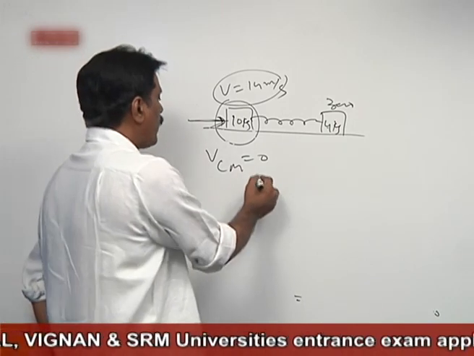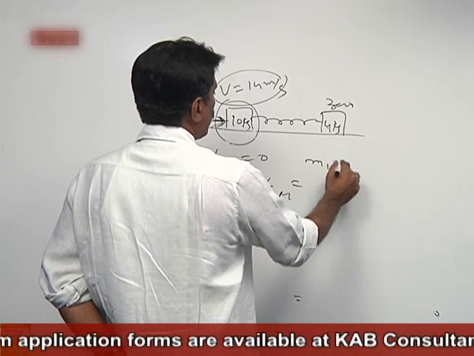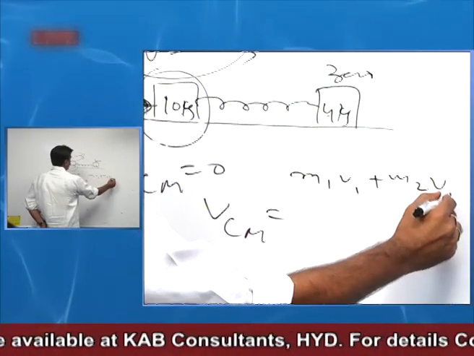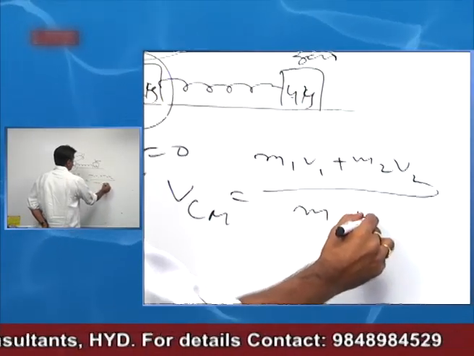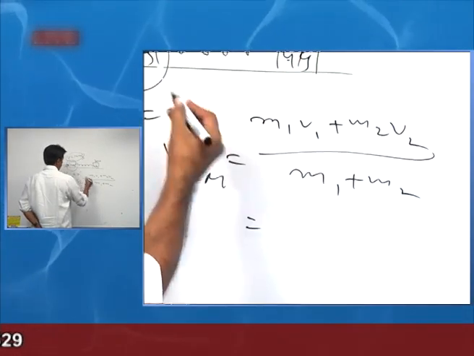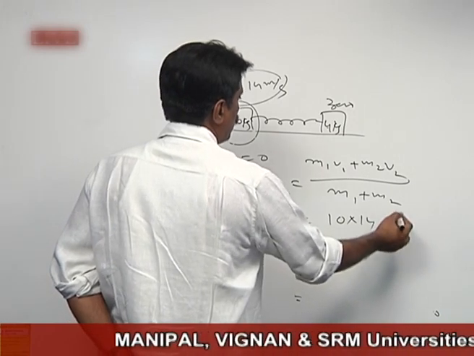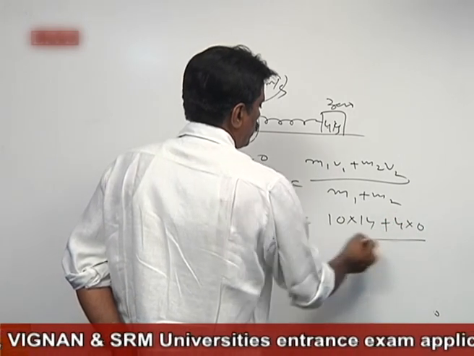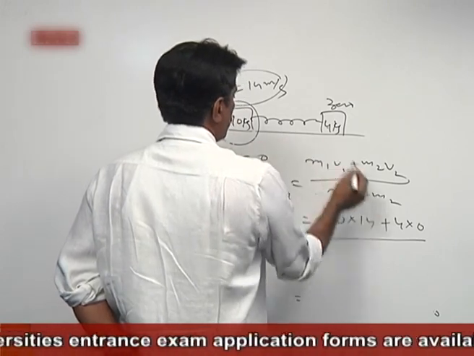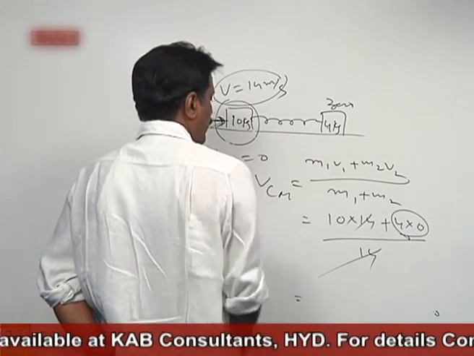Now, the center of mass velocity: you have to apply the relation (m1 v1 plus m2 v2) by (m1 plus m2). m1 is 10 kg, v1 is 14, plus m2, 4, into 0, by m1 plus m2, which is 10 plus 4, 14. So, this term is 0 anyway, and 14 gets cancelled.